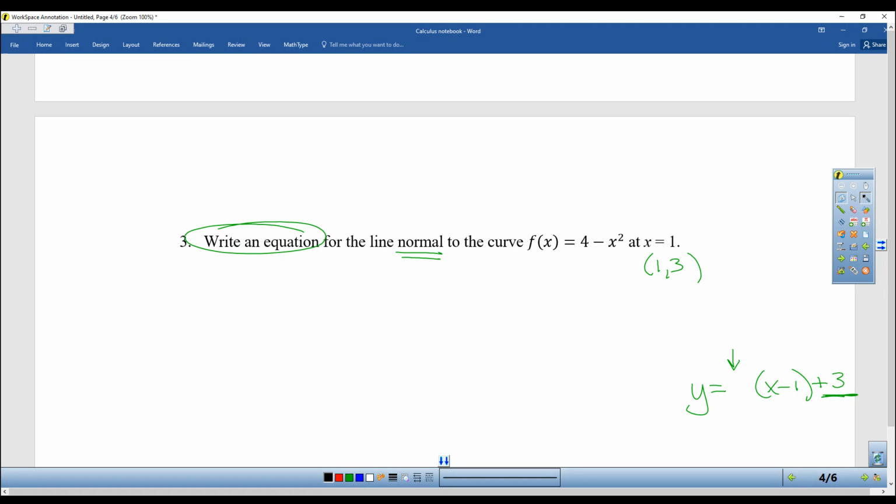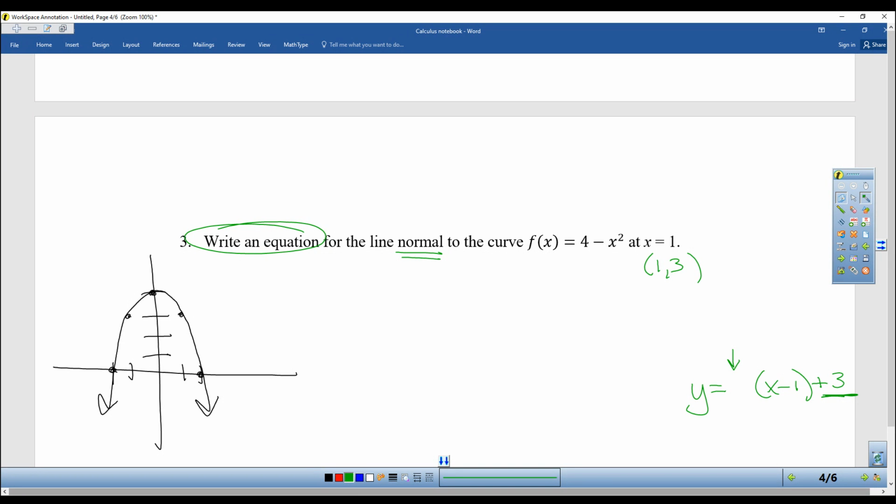So let's picture this graph. 4 minus x squared is a downward parabola that's been moved up 4. It has intercepts at 2 and negative 2. If you're trying to make it nice, 1 and 3 is where it goes like that. So at x is equal to 1, it has a tangent line.